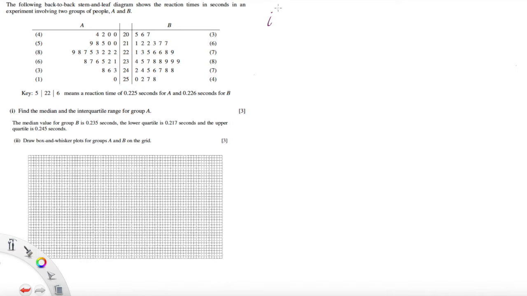Now, for the first part, as you see here, there are 4 plus 5, 9, plus 8, 17, plus 6, 23, plus 3, 26. There are 27 actually items here for group A. Now it is an odd number, so for an odd number Q2 will be (n plus 1) over 2, which is (27 plus 1) over 2, 28 over 2.